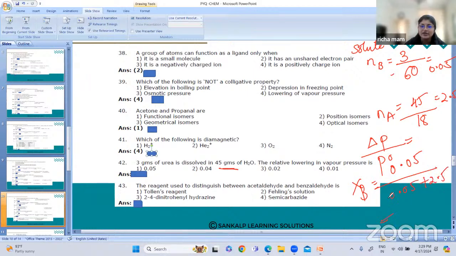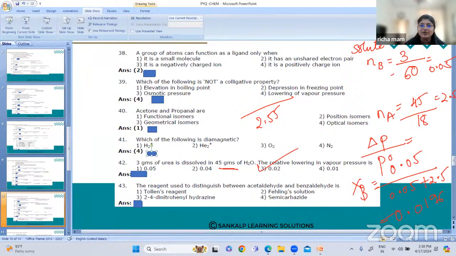If you calculate this, the answer is coming for me 0.0196, which is equal to 0.02.